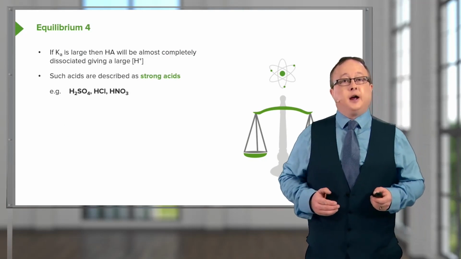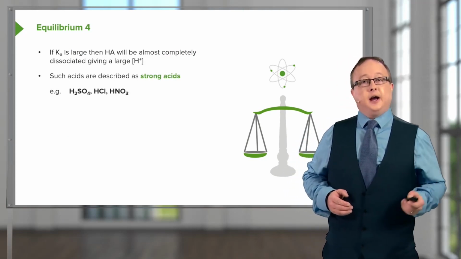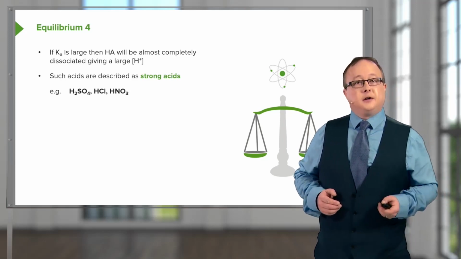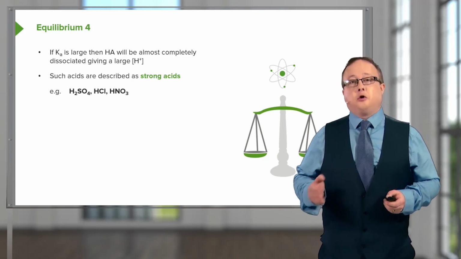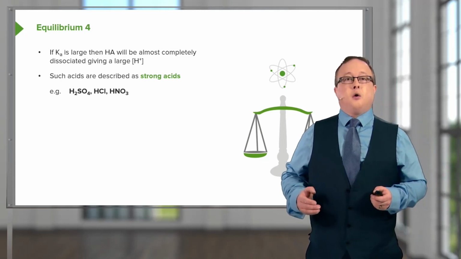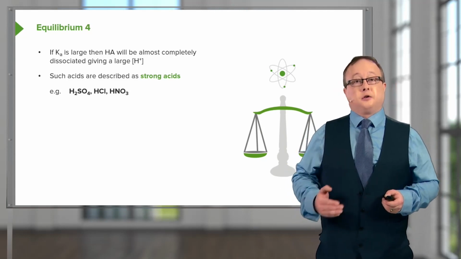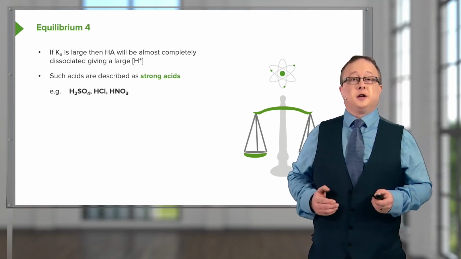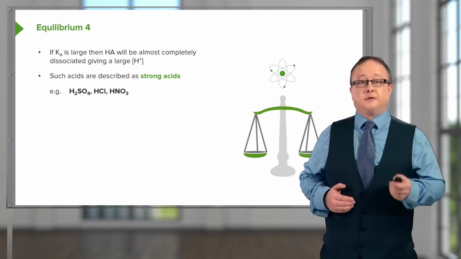Strong acids being H2SO4 or sulfuric acid, HCl or hydrochloric acid, or HNO3 or nitric acid. These are all good examples of strong acids, where because Ka is so large, it is uniformly accepted that the concentration in each of these cases directly correlates to the imparted concentration of H plus in a given solution.